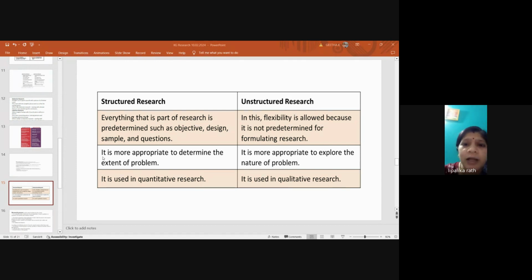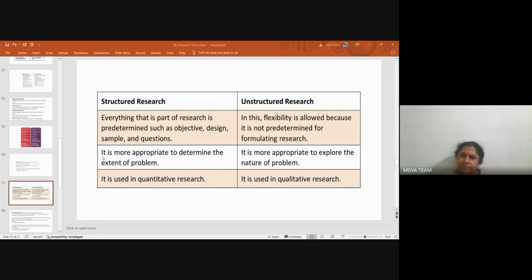So it already exists, and it is also appropriate to determine the extent of the problem. But unstructured means only the problem is there, but the reason for the problem is not known. So we have to find out the reason for the problem. It is more appropriate to explore the nature of the problem.